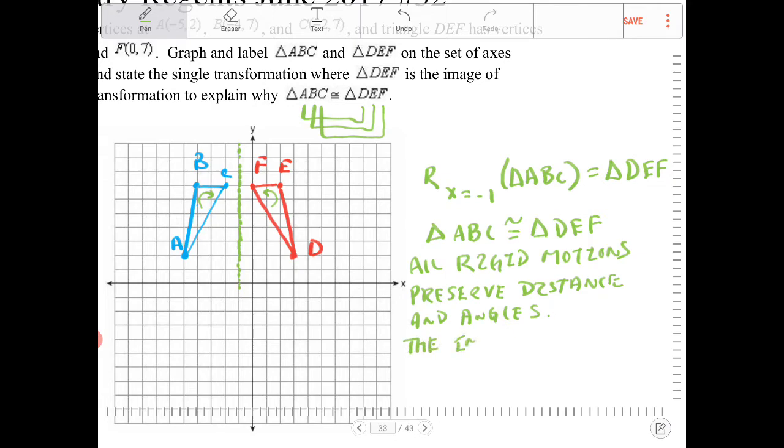The image and the original must be congruent. This is the very nature of what it means to perform a rigid motion.